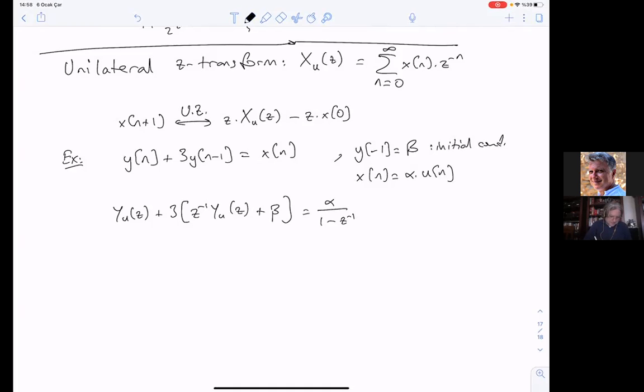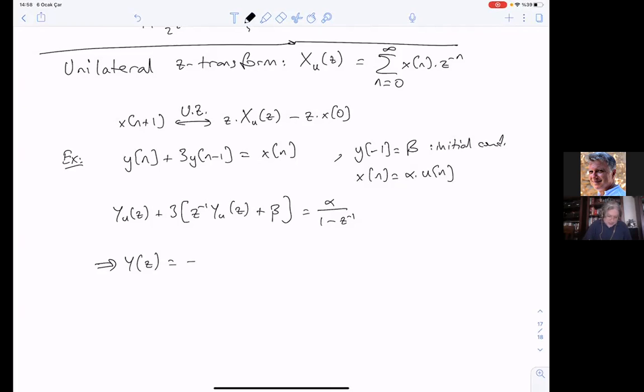And from there, Y of z can be obtained as, of course, I have to think of expanding the equation, multiplying with everything, putting into parentheses Y of z at the left-hand side, and then the right-hand side will be something, that something divided by the parentheses will correspond to Y of z.